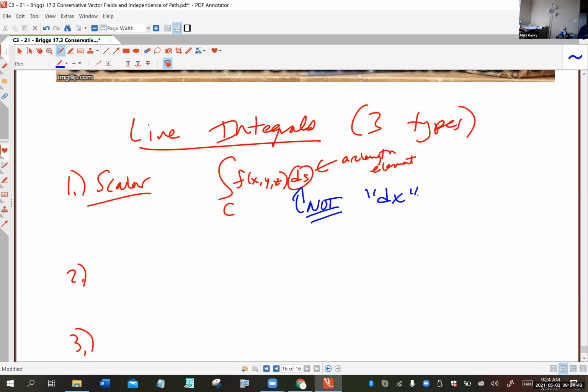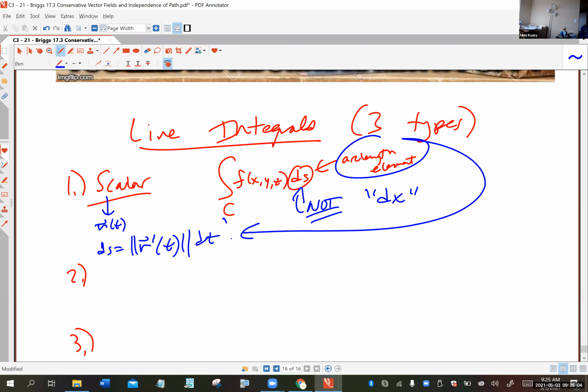And the arc length element, that ds, is a pain to go get, because you need some vector function r(t), and then ds is the magnitude of r'(t) dt. This is the arc length element, and you have to go get it every time. And if you neglect to go get that, ooh boy, your scalar line integral is not even going to be close to being right.